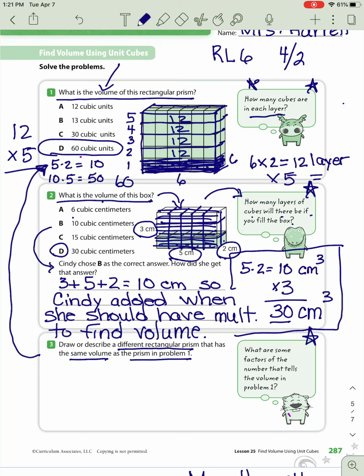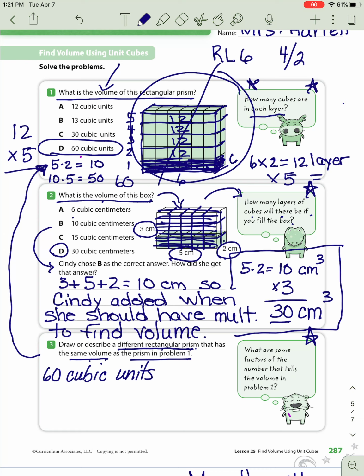So it's got to equal 60. Okay, it's got to equal 60 cubic units. It's got to have the same volume, but it's got to be a different rectangular prism. So it can't be this same prism. I can't do that again. I have to do a different prism.